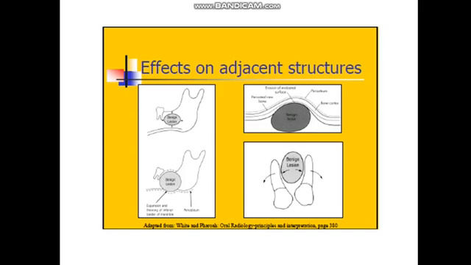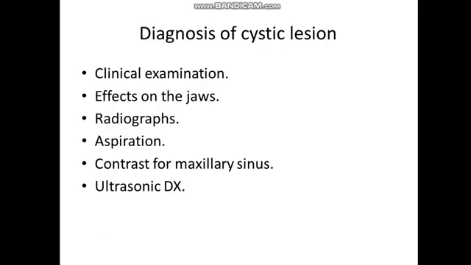So it can be discovered by routine radiological examination. So there is facial asymmetry, drifting or loosening of the teeth, devitalization, discoloration of the teeth, anesthesia or paresthesia. Sometimes it might also give a salty taste because of the content of the cystic lesion.